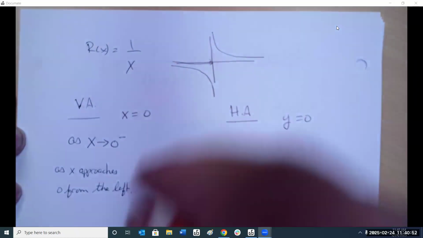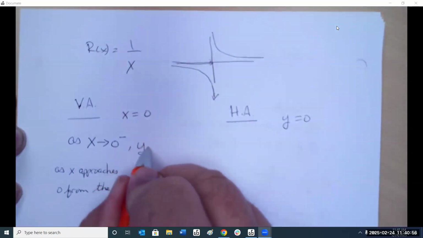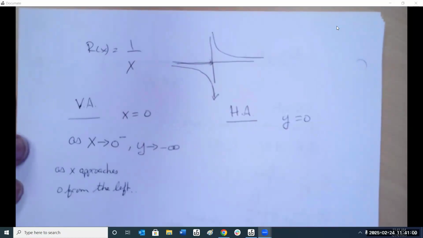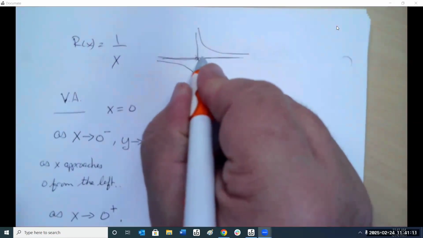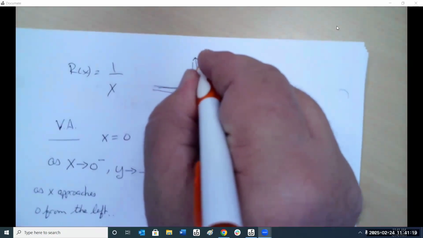Where's our graph going? y goes to negative infinity. Then, as x approaches 0 from the right, what happens? Where's the y value going? The y value is going to positive infinity.